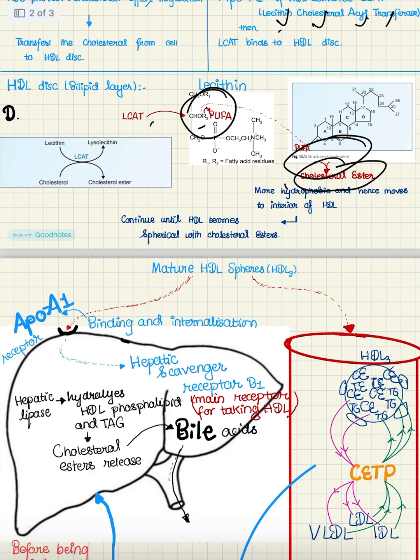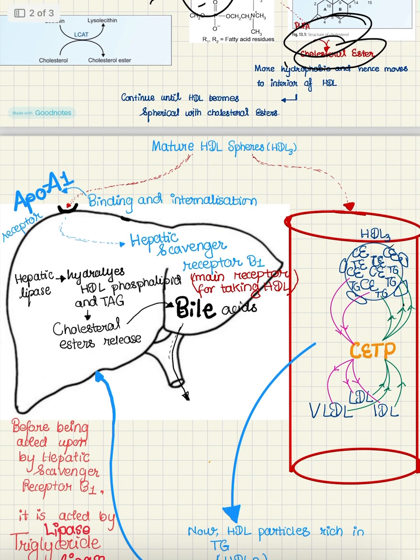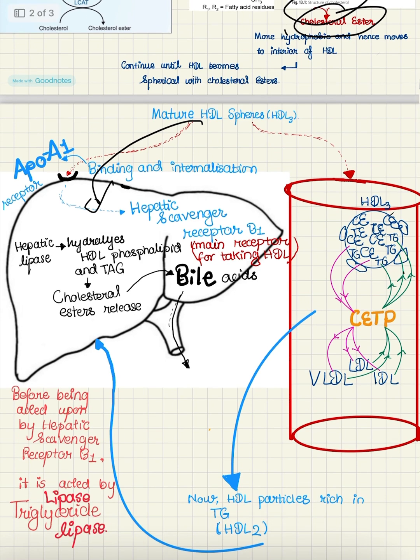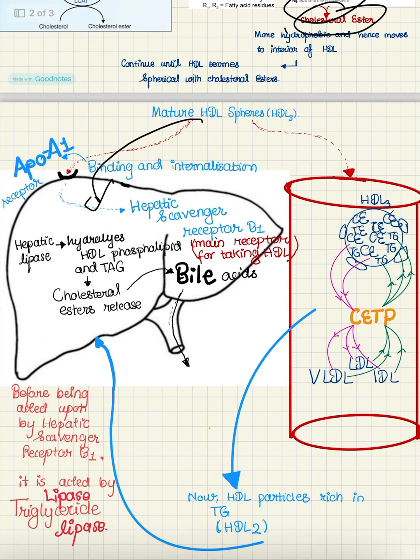Then it gets internalized into the hepatocytes by two methods. Either it gets directly internalized, or it transfers cholesterol ester to VLDL, LDL, IDL through CETP, and then it gets internalized into the hepatocytes. The first one is direct internalization.